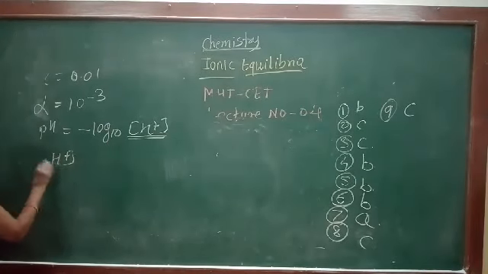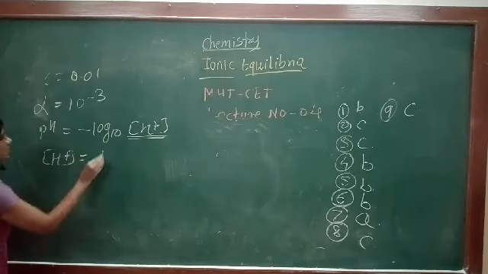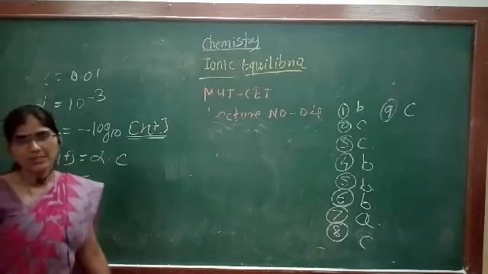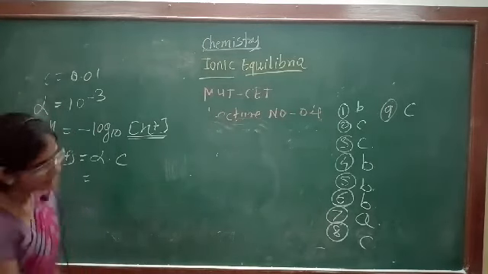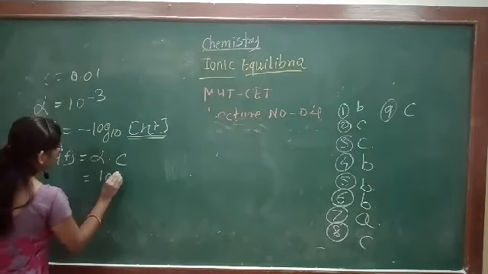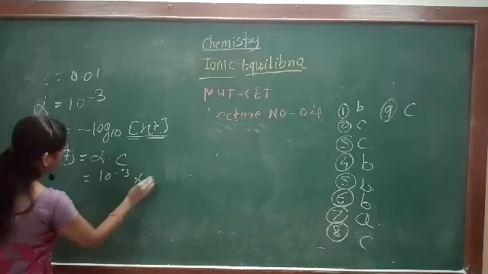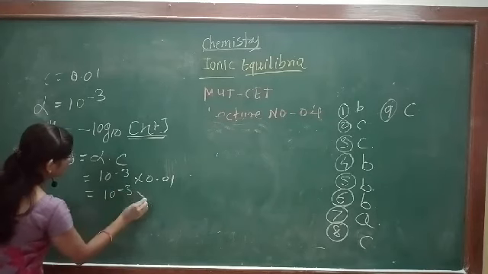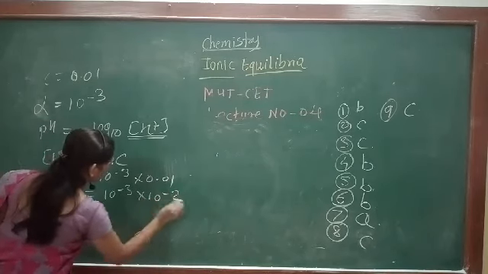Then as we know, H plus or OH minus is equal to alpha into C. That means 10 raised to minus 3 into 0.01. It becomes minus 3 into 10 raised to minus 2.